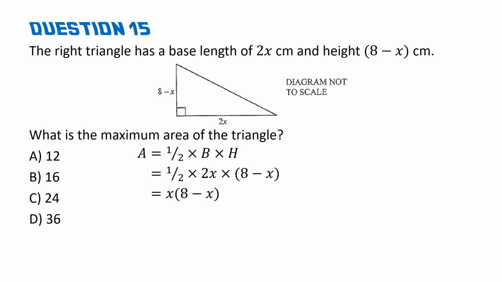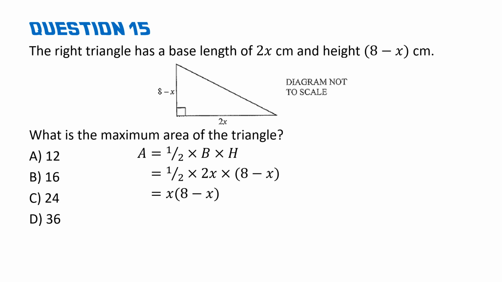And we're going to have x multiplied by 8 minus x. So if I wanted to multiply that through, what we're going to get is 8x minus x squared, but that doesn't help us any. I'm going to leave it like that, because what that is, is an upside down or sad parabola. So when we have a sad parabola, we can work out our maximum.